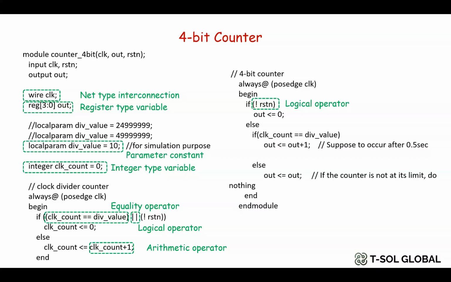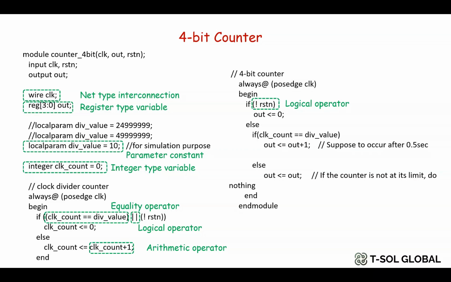So we are using this clock divider so that we can see the LEDs counting in the Max10 development board. If we don't use this kind of divider, and if we run the code for example at 50 megahertz, we will not even be able to see what's happening in the output LEDs.